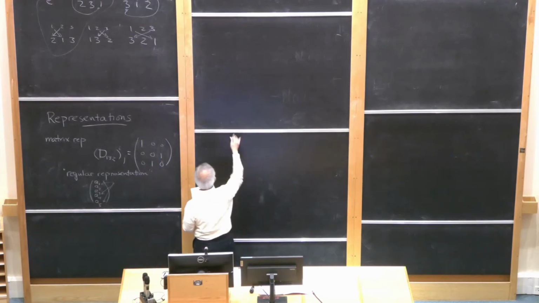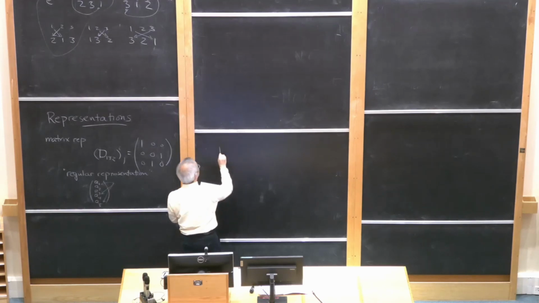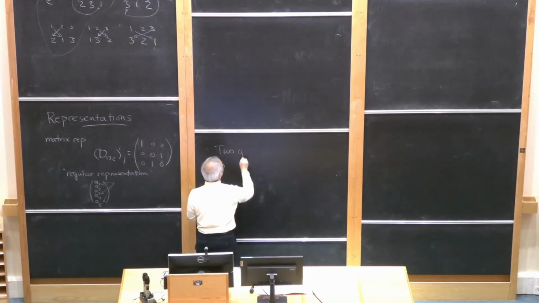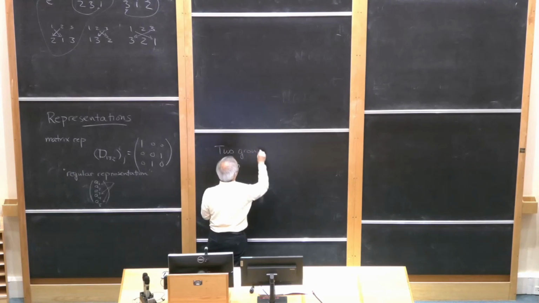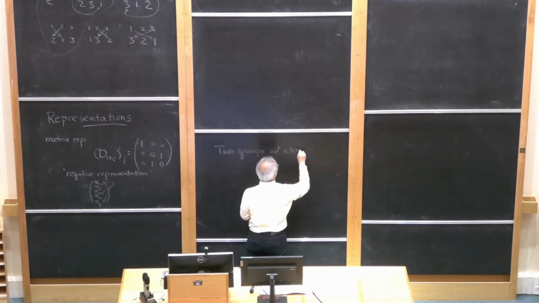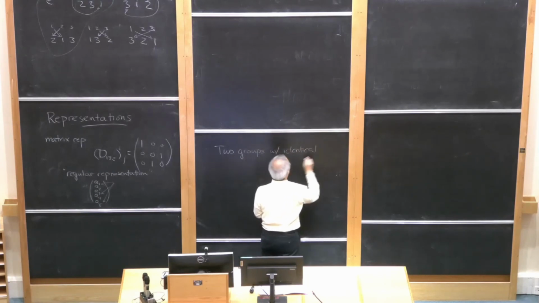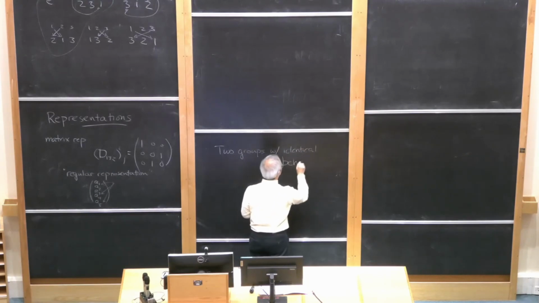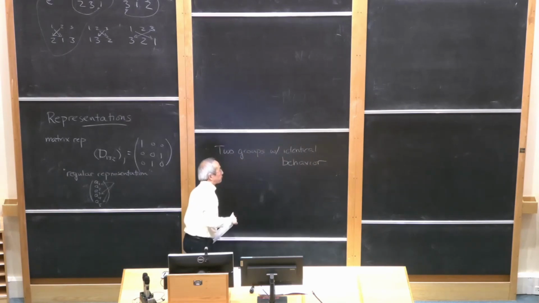And now, what do I mean by behaving in the same way? So 2 groups. Let me rephrase this a little bit more mathematically. We want 2 groups with identical behavior. Okay. Now, what does that mean?